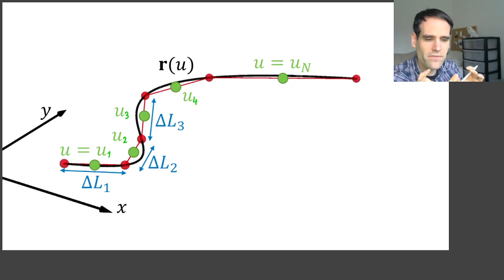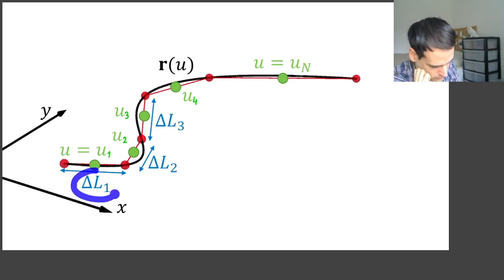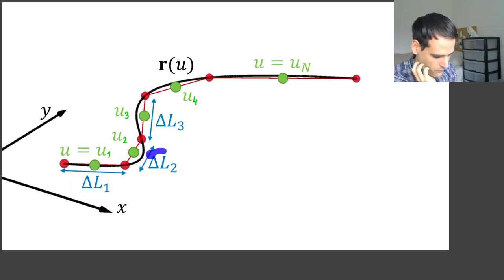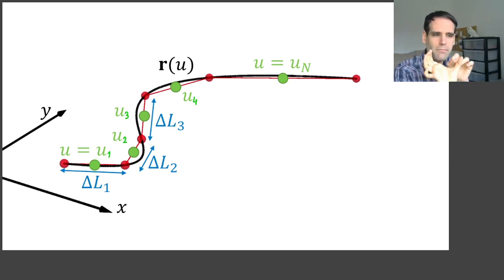Now each of these segments has a certain length, which we call delta L1, delta L2, delta L3, and so on. And also in each of these segments, for example, consider our first segment here, we find a point. Normally we took the middle point, although according to a formal definition you can take any point inside the segment, but in this case we are taking the middle point.